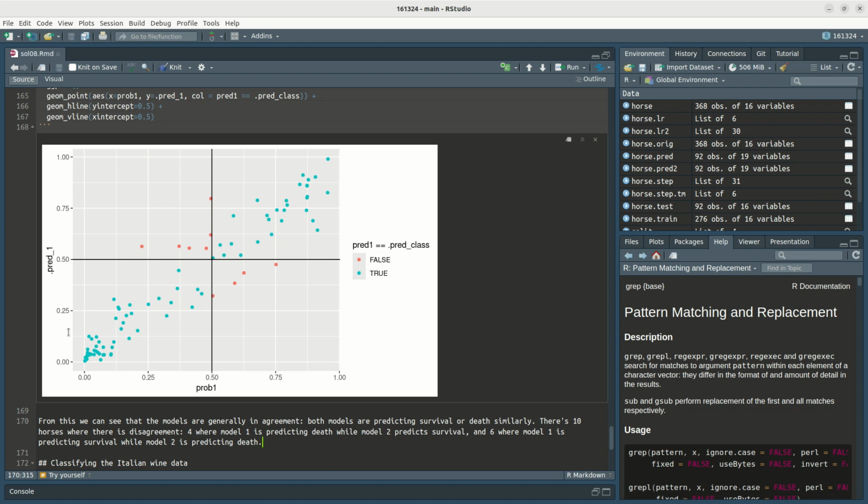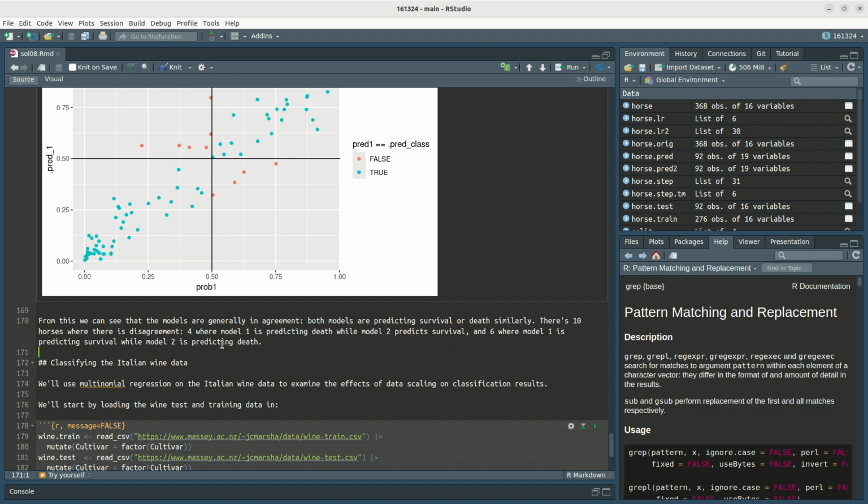Okay, so you can always compare your results by contrasting or plotting your predictions for one model against another, and it's sometimes a useful thing to do to get a sense as to where your models are going right or wrong.